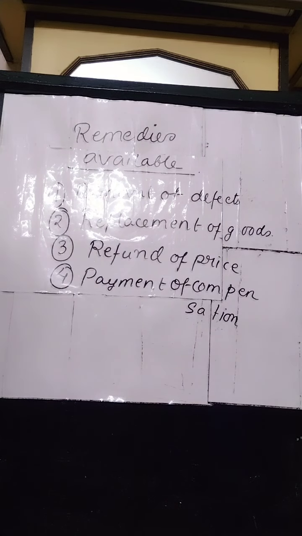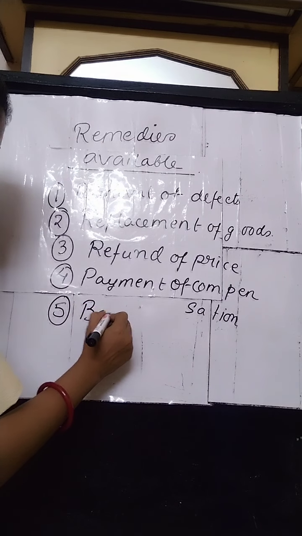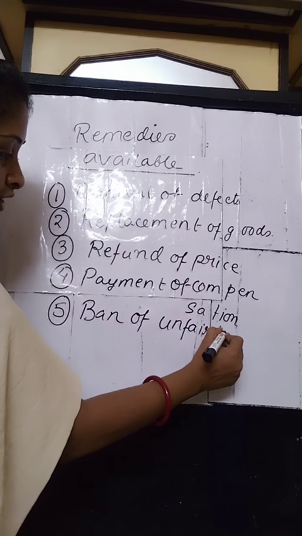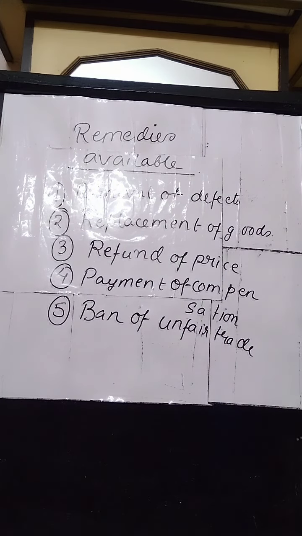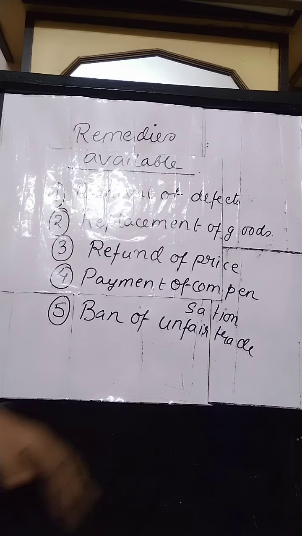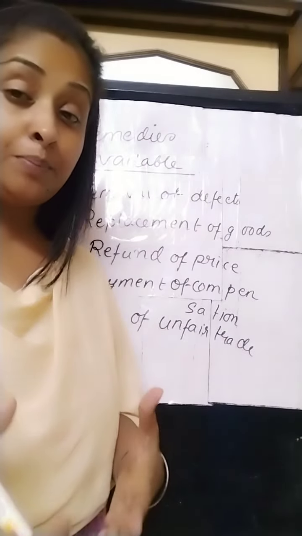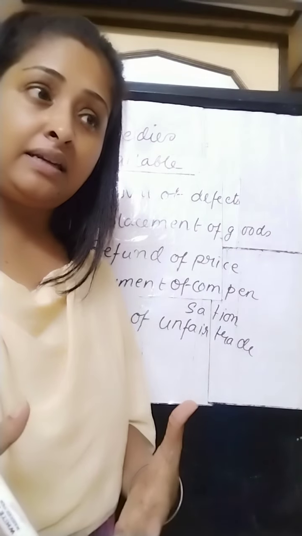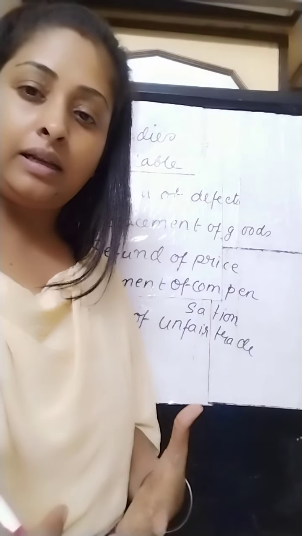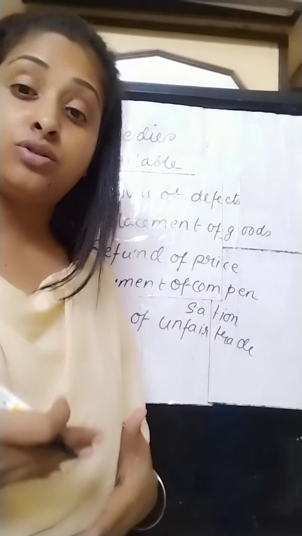Next, number 5, is ban of unfair trade. This means an order can be passed for the discontinuation of the unfair trade practice with immediate effect, because if the product proves to be a bad thing, if it harms, if it proves to be a hazardous one which can cause a physical hazard to anybody, that product can immediately be seized.